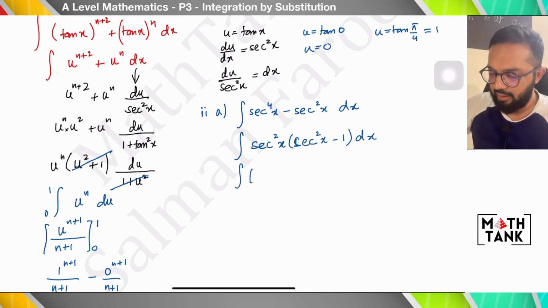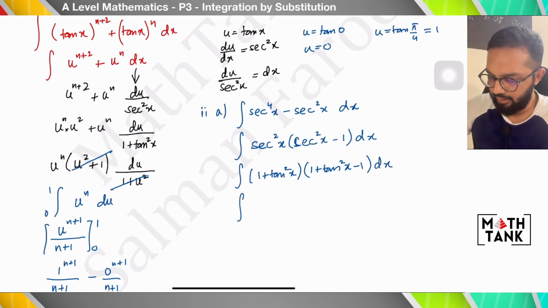Sec square x is 1 plus tan square x, and sec square x minus 1 is tan square x. So that gives me 1 plus tan square x into tan square x.